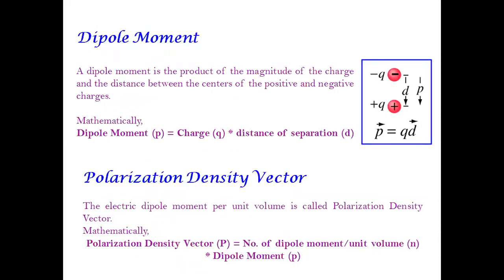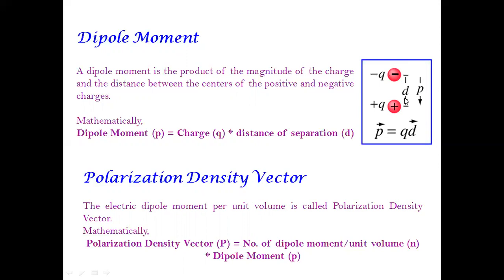Here we use the term dipole moment. Now my question is, what is dipole moment? Let us consider the same amount of charge, one positive and the other negative, separated by a distance d. Here are two charges, positive q and negative q, the amount is the same and the distance of separation is d.